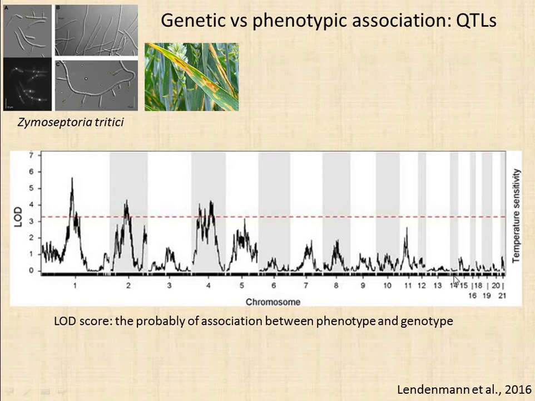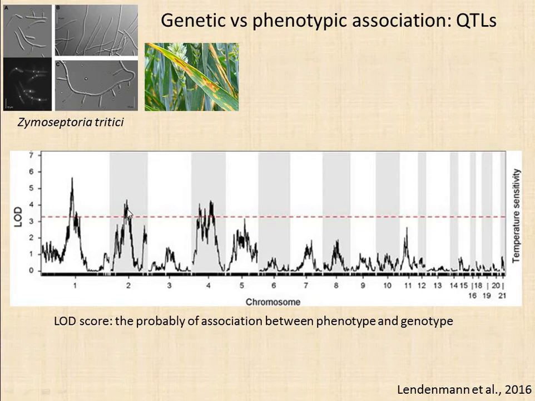So that's how it looks. This is all the chromosomes of this fungus, and what you have here is called the LOD score. This shows how strong the association is between the phenotype that you measure and the genotype at the specific locus. The stronger it is, the more likely it is that this locus contains the region or the gene for temperature sensitivity.